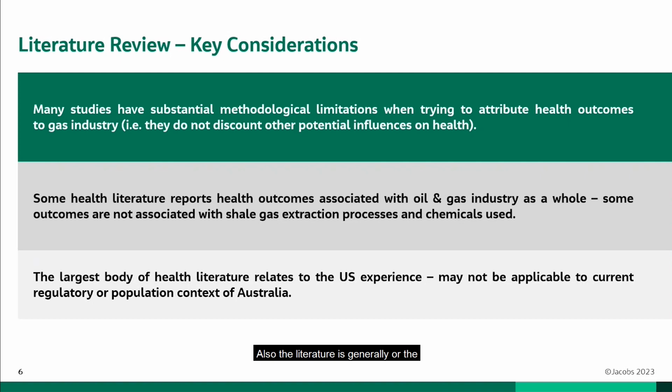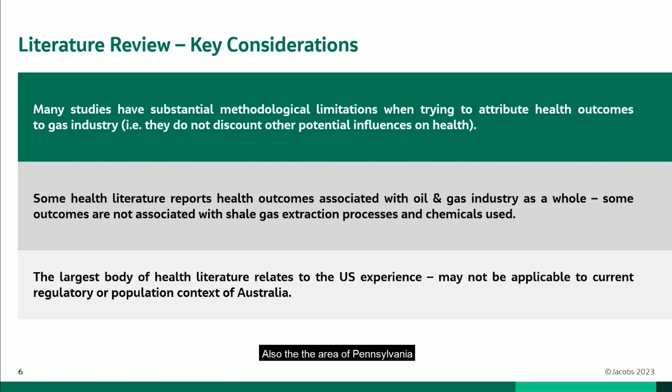Also, the largest body of literature comes from the US, in particular Pennsylvania, and there are very different geographical circumstances in Pennsylvania. For example, the population of Pennsylvania is 790 times larger than the population in our Beetaloo sub-basin study area.